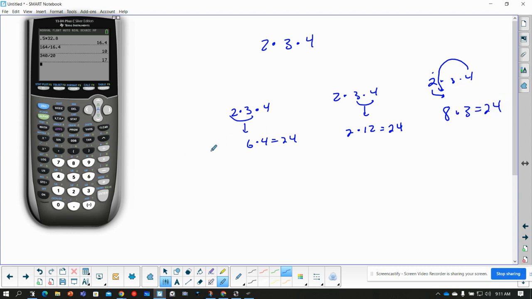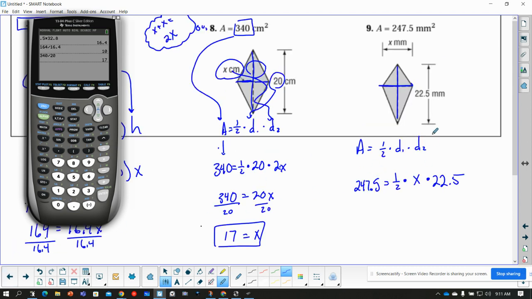So the order that you multiply numbers in doesn't make any difference at all, which means when I'm doing this problem here, I can do the 1/2 times the 22.5 first. So let's do that. 0.5, 1/2, right, times 22.5, 11.25. Yep, 11.25.